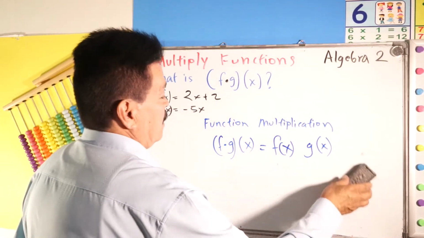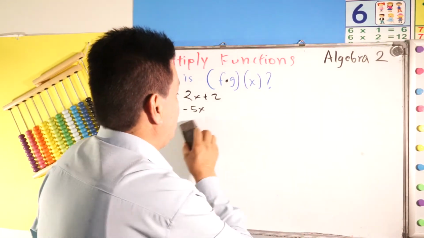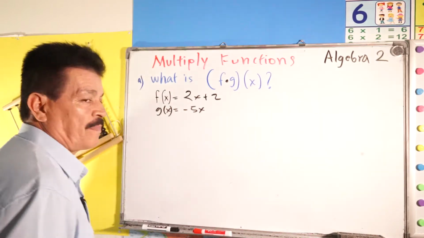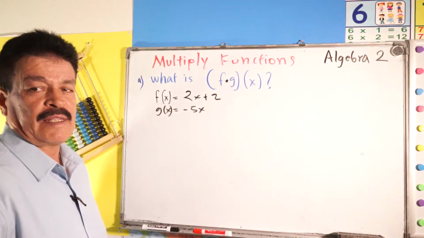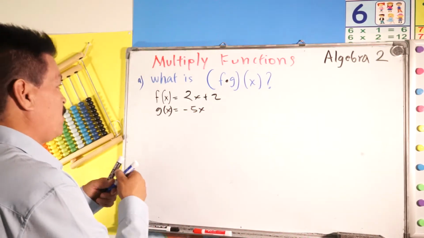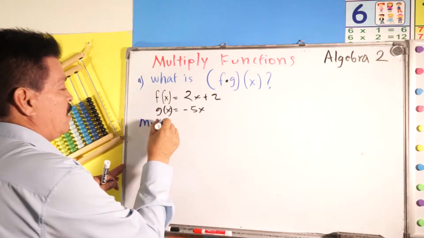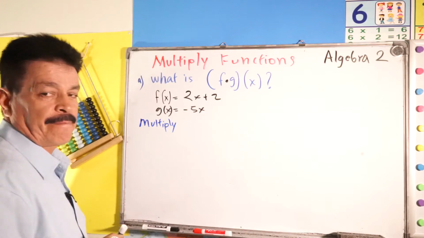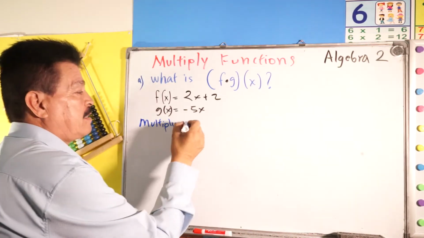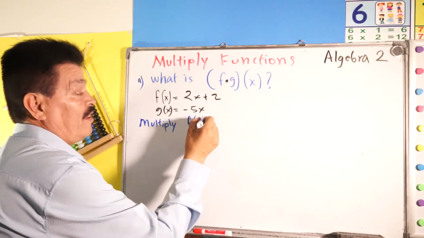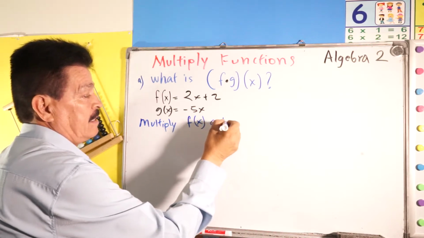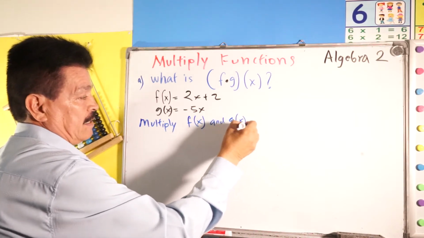So let me solve this first problem directly. Our first step is to multiply f of x and g of x.